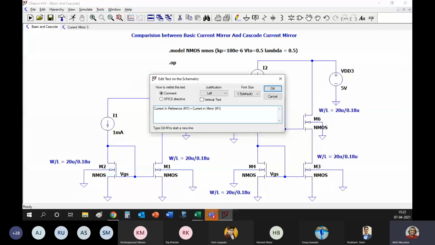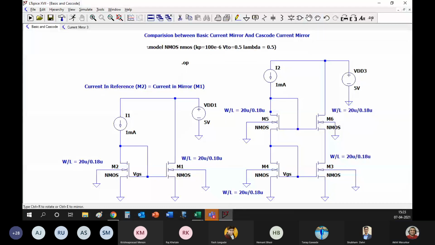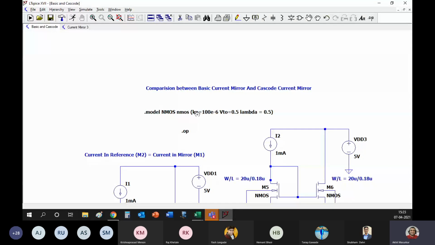And as far as the second one is concerned, in the circuit only you write it instead of writing it somewhere else.